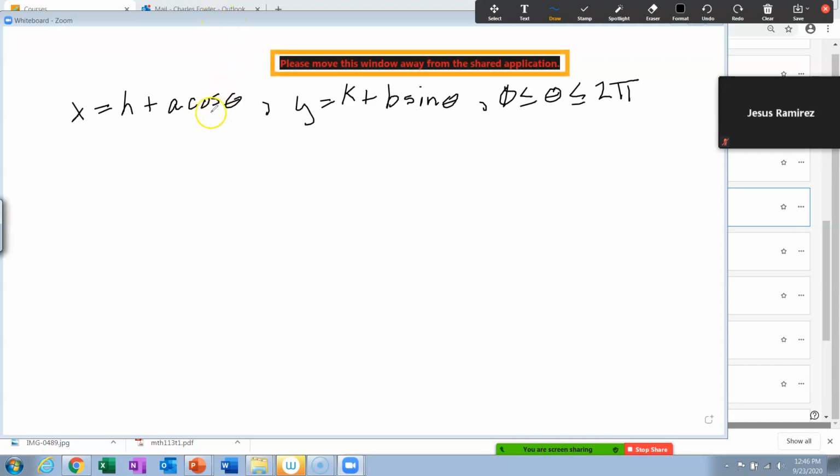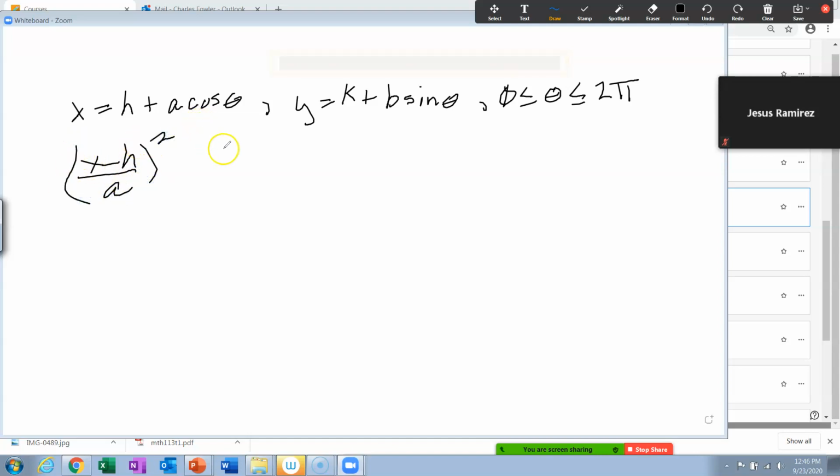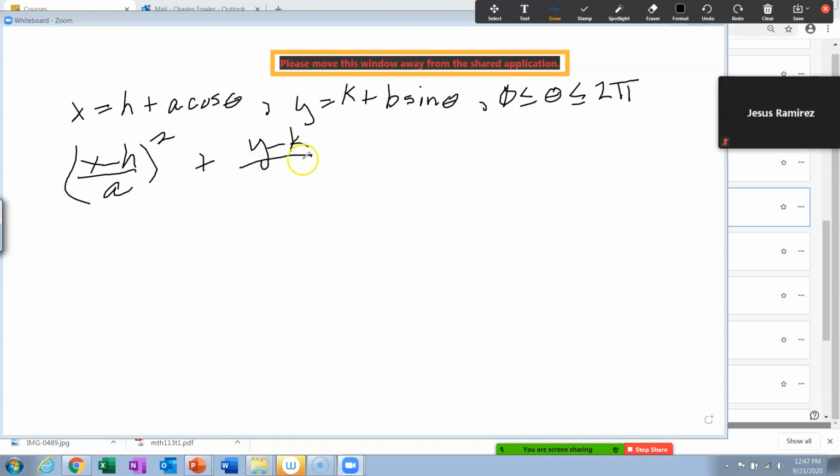If you were to solve this for cosine theta and that for sine theta like we did in the problem, and then square them, add them and get 1, what you wind up with is (x minus h over a) squared, that's your cosine squared, plus (y minus k over b) squared, and that would be equal to 1. Okay? Because sine squared plus cosine squared is 1.